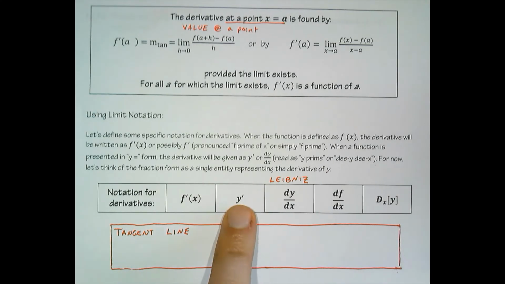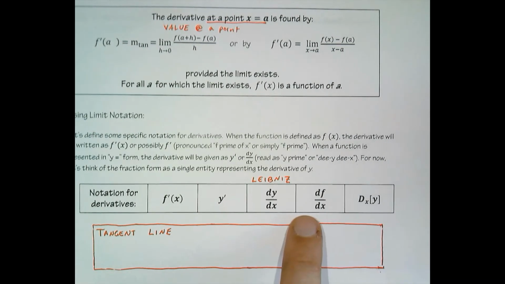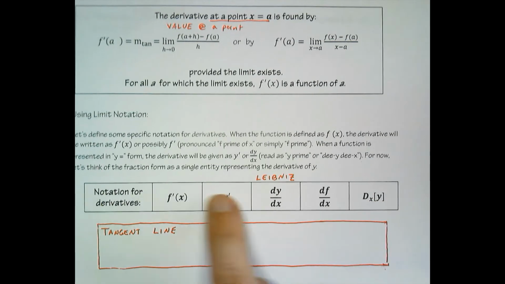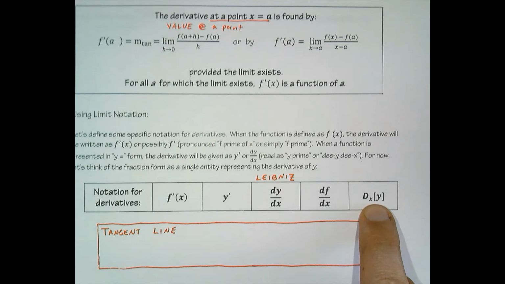This is, I call prime notation, and I don't know if this is the one that Newton invented. I think he did something else, but this means the derivative of f with respect to x, and this is another thing, take the derivative of y with respect to x. Okay. Those are all notations. I almost never use these two notations, but they're there.